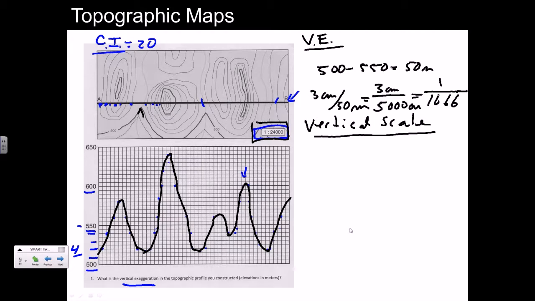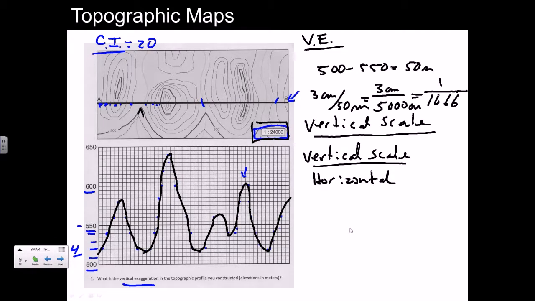Now, let's put these on top of each other to do vertical exaggeration. For vertical exaggeration, it's going to be vertical scale over horizontal. So we're just going to put a fraction on top of a fraction.